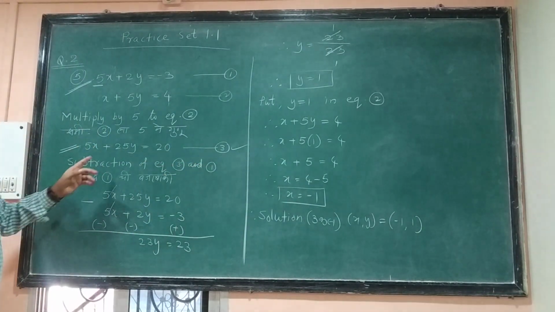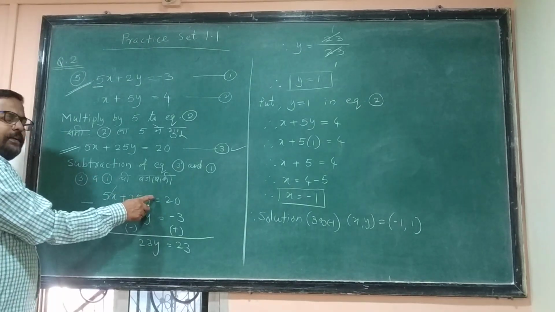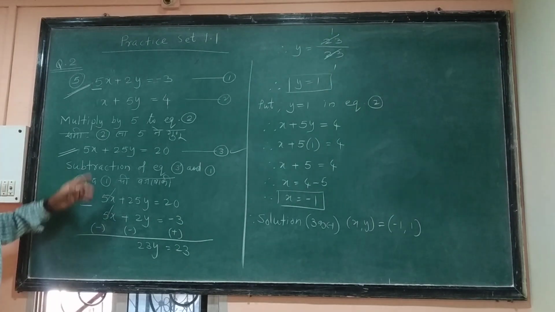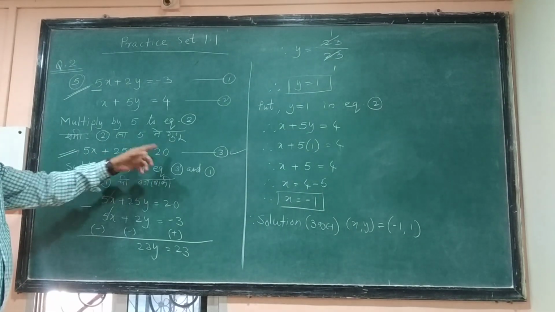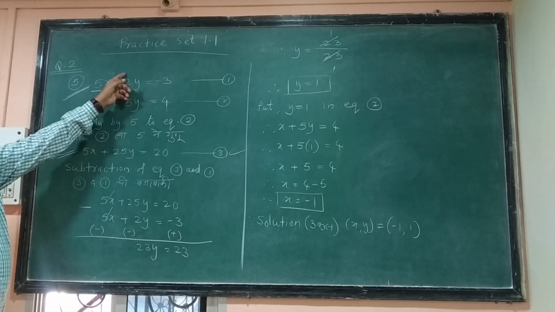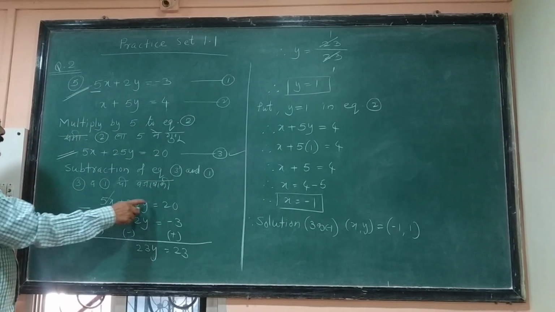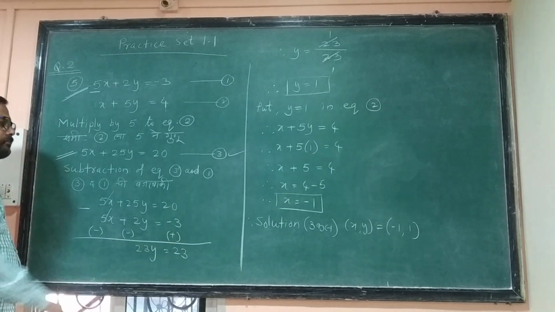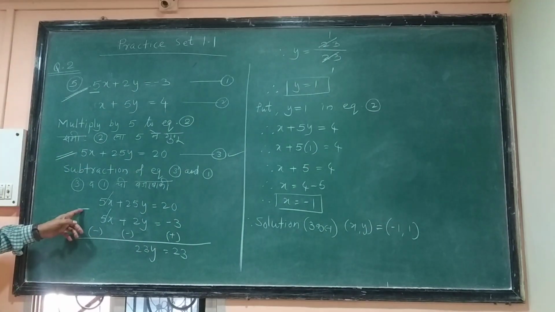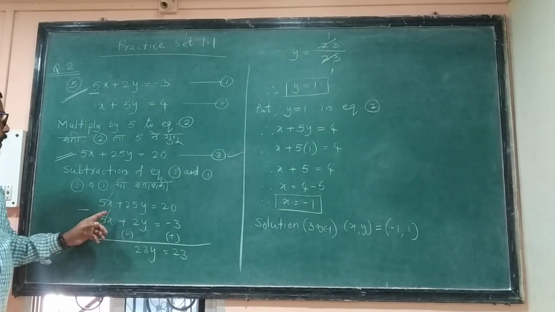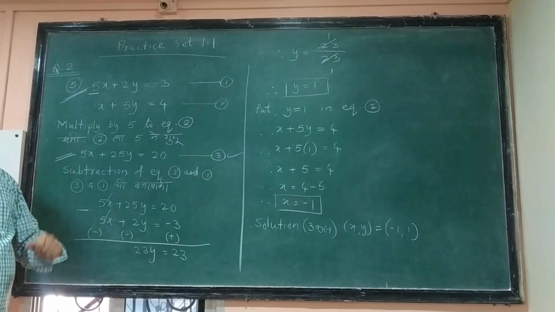You can see here I have taken the third equation first, then the first equation, because in the third equation the coefficients are greater than the first one. So this one is the third equation, this one is the first equation. While making subtraction, we have to change the signs of the below equation.